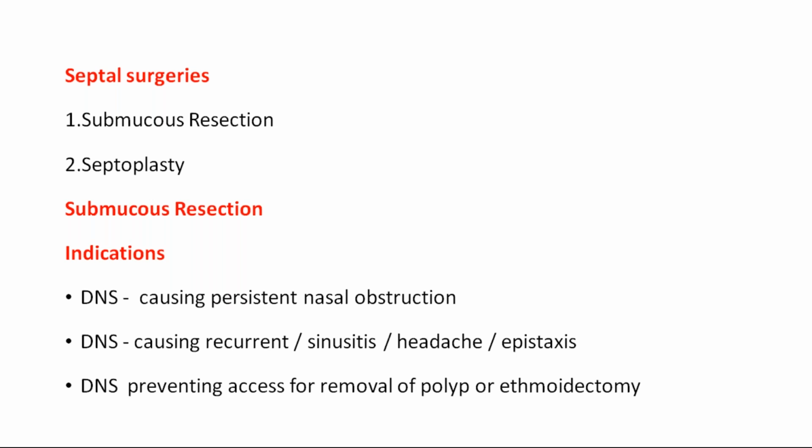Then submucosal resection is reserved for patients above the age of 17 years. I have told you why. In submucosal resection, what you do is remove the major part of the cartilage, just leaving 1 centimeter dorsal and 1 centimeter caudal strut.